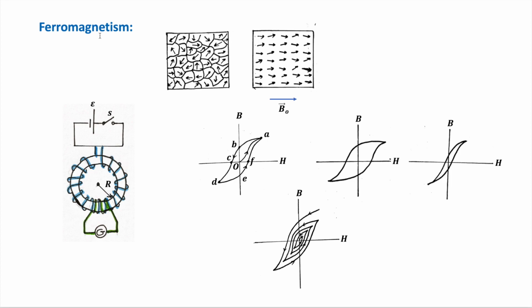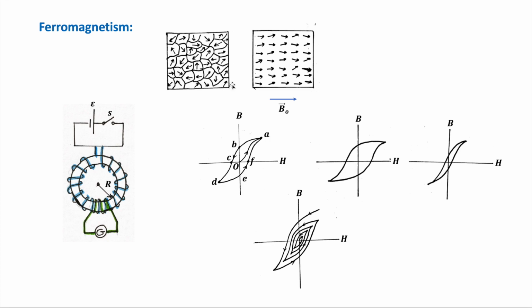And once those magnetic moments align, the substance remains magnetized even if the external magnetic field is removed. And this permanent alignment between the magnetic moments is due to the strong coupling between neighboring moments and can be explained by quantum mechanics.